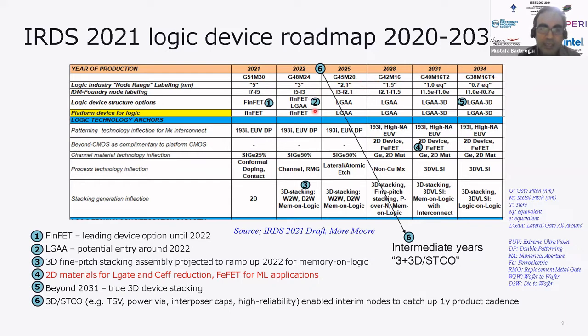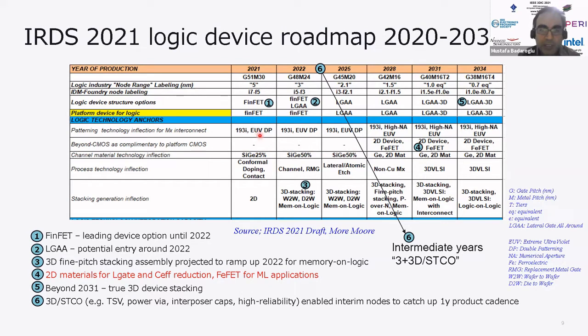And the leading device has a crossover point, especially the lateral gate-all-around device, picking up in 2022. And then the 3D version of the lateral gate-all-around device is picking up in 2031, which will be basically the 1 nanometer equivalent node.